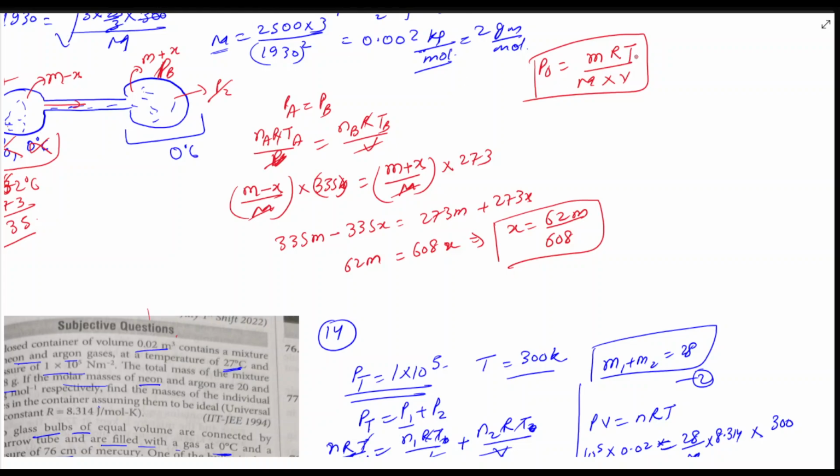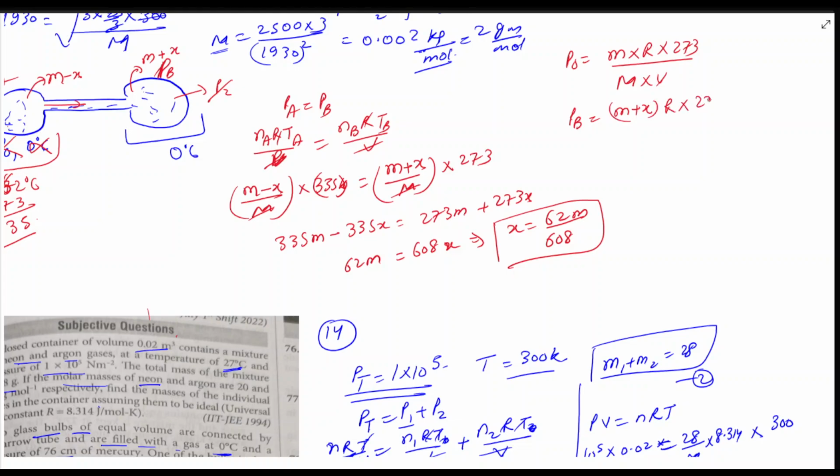So it was 0 degrees Celsius, right? So 273. Let me just write those values here. P naught will be m R into 273 divided by capital M into volume, and this will be equal to PB. It will be m plus x R into 273 divided by M and V. So if I divide, R, M and V will get cancelled, 273 will get cancelled.